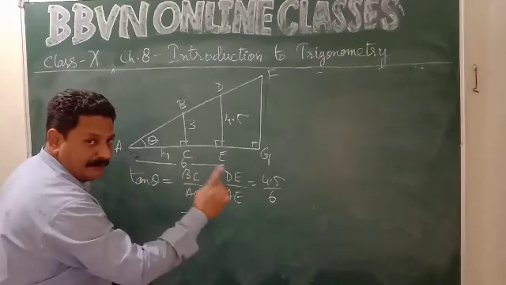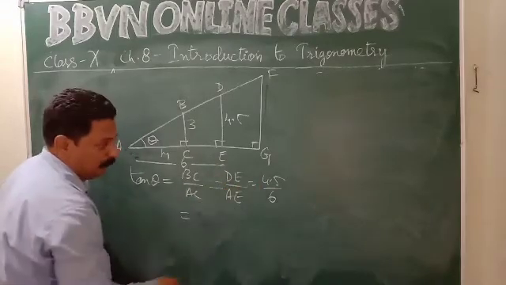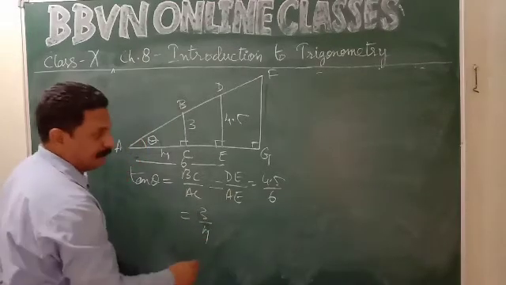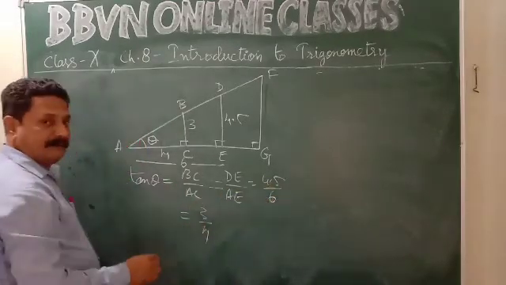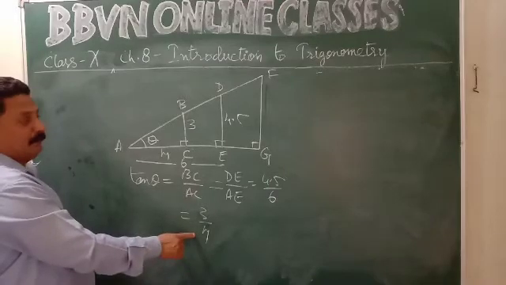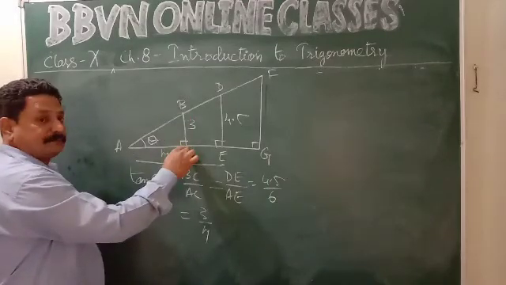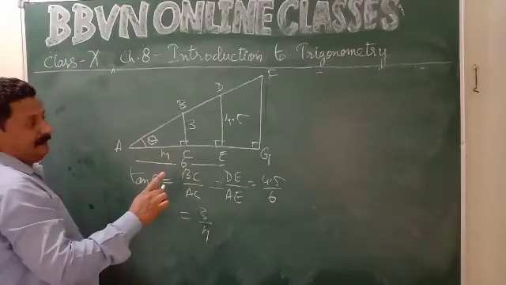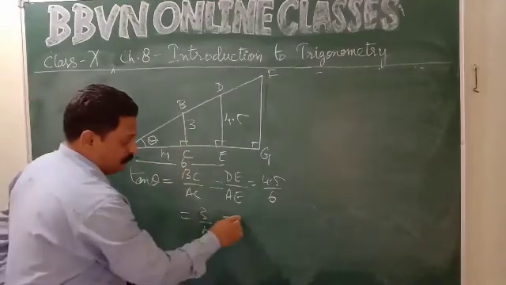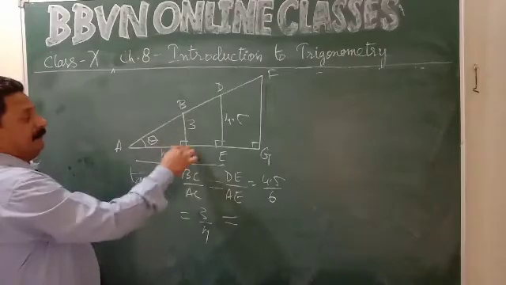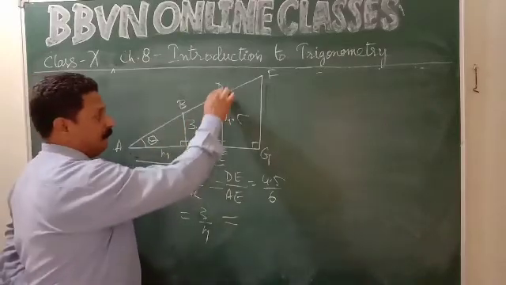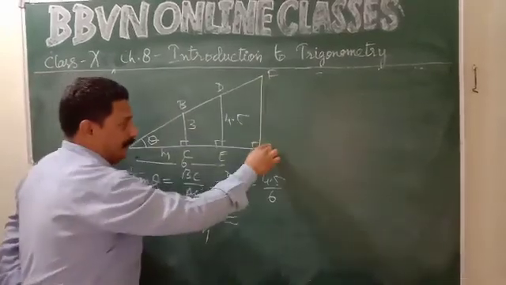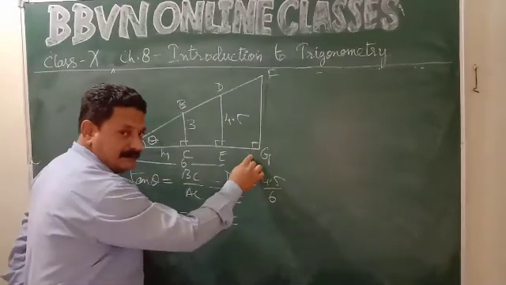I take 1.5 as the common factor for both. 1.5 goes 3 times and 1.5 goes 4 times. So 4.5 upon 6 is also equal to 3 upon 4. So for the same angle, the ratio between the sides will always remain the same. Hence we can also say that BC upon AC will be equal to DE upon AE, which will be equal to FG upon AG.